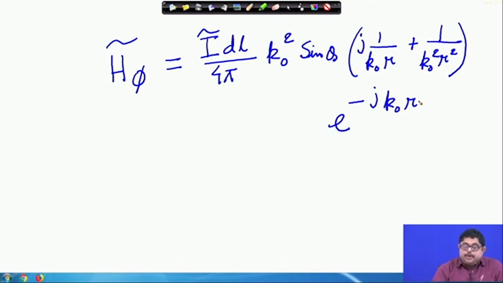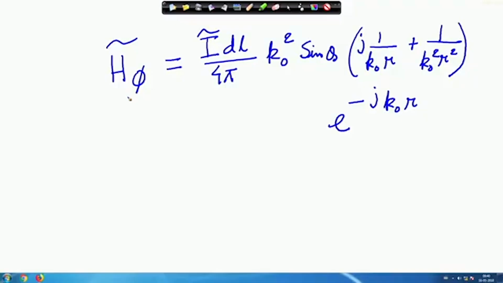From this it is easy, actually there are two routes. One is that from the vector potential itself you can find the electric field, but also I can put it into Maxwell's equation, because now I know H. There is a curl of H, and the right side will be E. That is Ampere's law, or Maxwell's second equation.